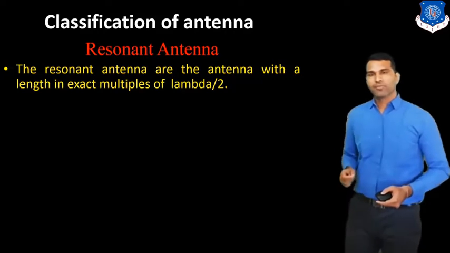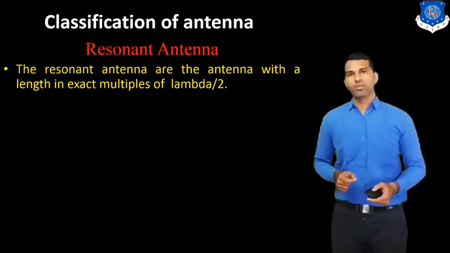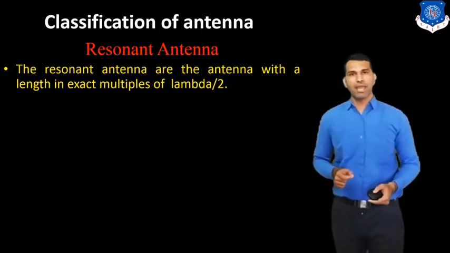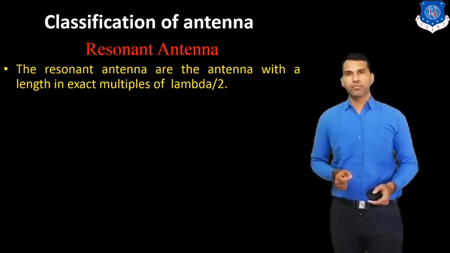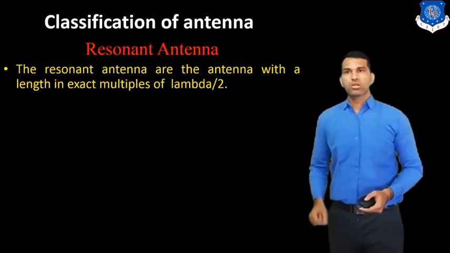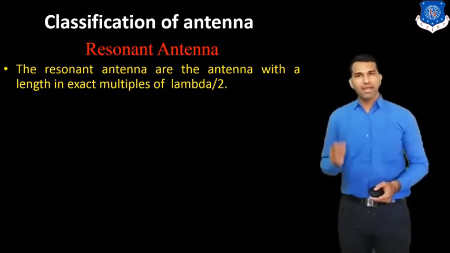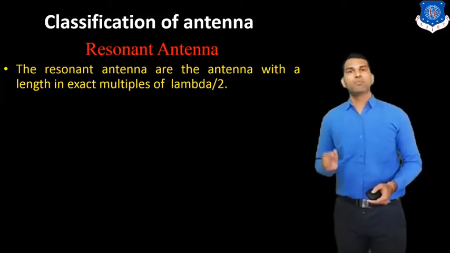The antenna length is measured in terms of lambda. We know lambda is equal to c by f, where f is the frequency and c is 3 into 10 raised to 8, so we can find the lambda value.